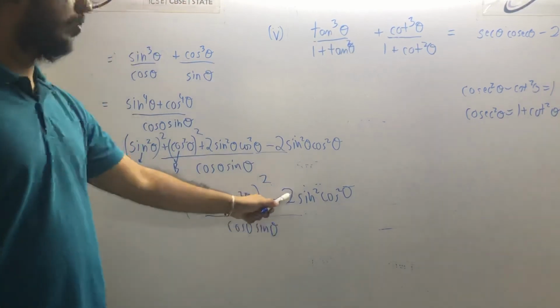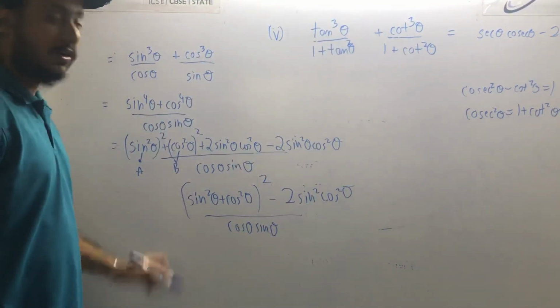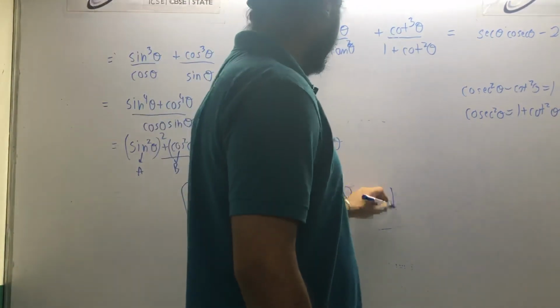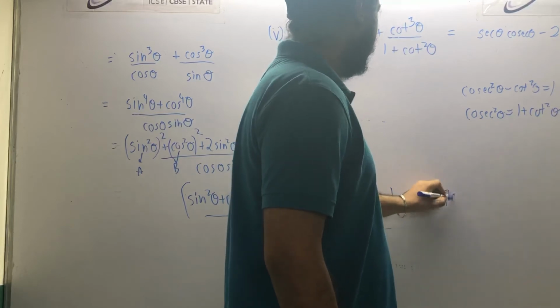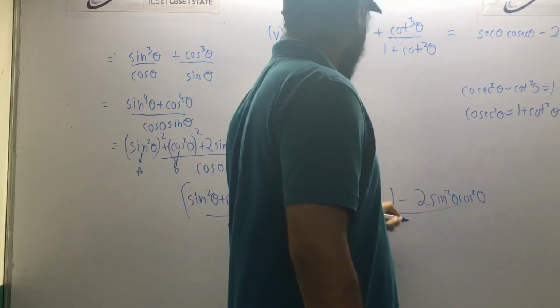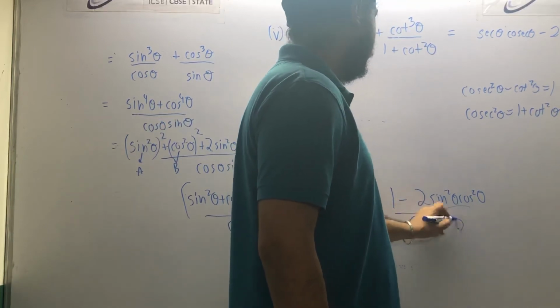Okay, we got the 2 also. See here you have seen 2. So we got the 2 also, and sin square theta plus cos square theta is what? That is 1. So you can write here 1 minus 2 sin square theta cos square theta upon cos theta sin theta.